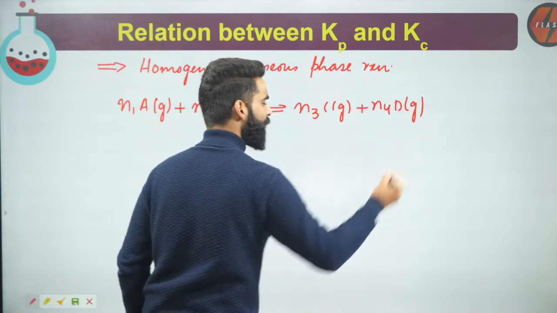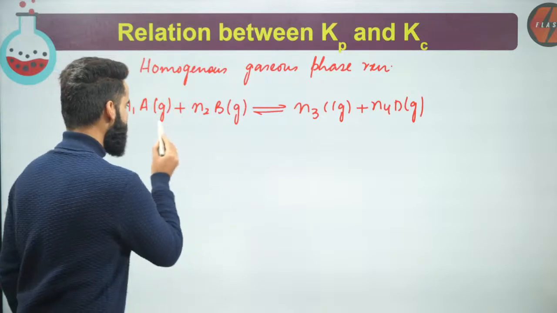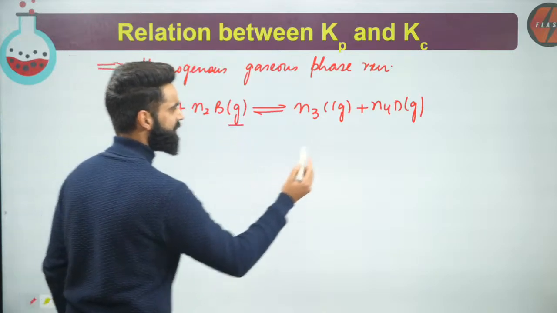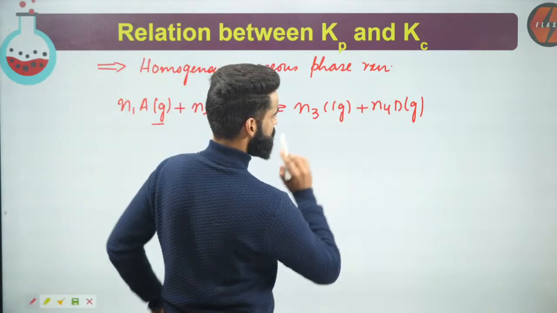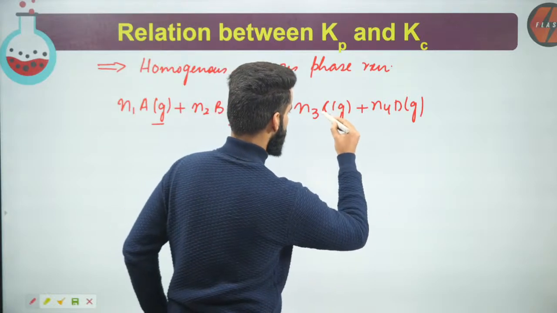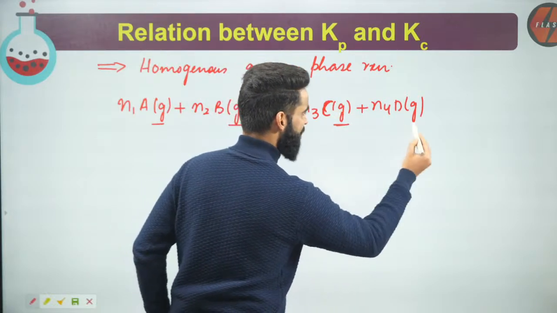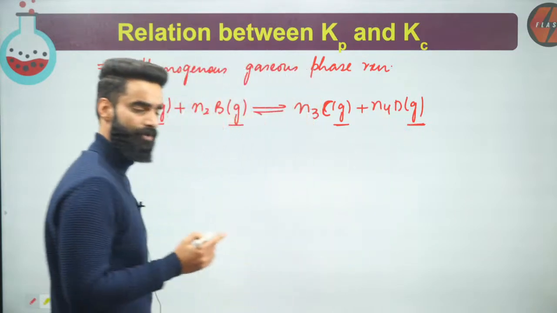As you can see, A is in gaseous state, B is in gaseous state, C is also in gaseous state and D is also in gaseous state.